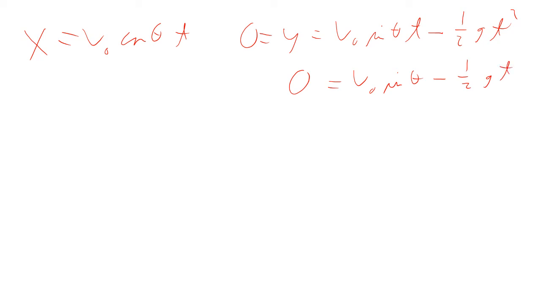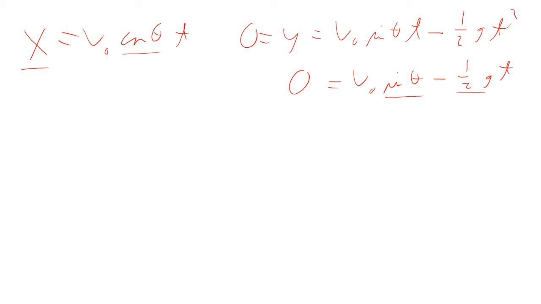Okay, and we say, okay, what do we know? We know x. Okay, we know the angle. And we're now down to two equations, two unknowns, v naught and t.